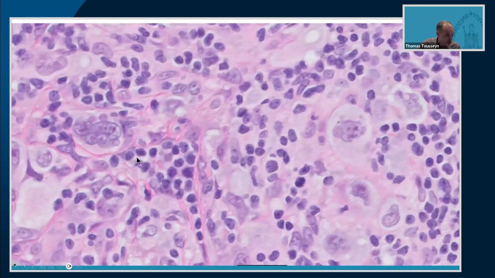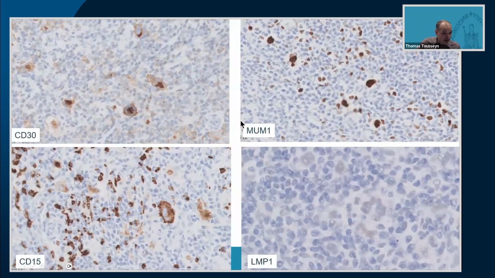Here you see these larger atypical cells that are outnumbered by inflammatory cells, and the typical immunophenotype expressing CD30, membranous and a Golgi dot-like pattern, strong MUM1, but as you can see, the plasma cells are a bit blurring the image here.